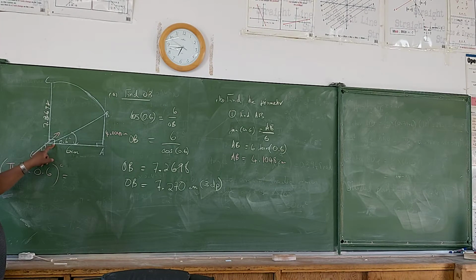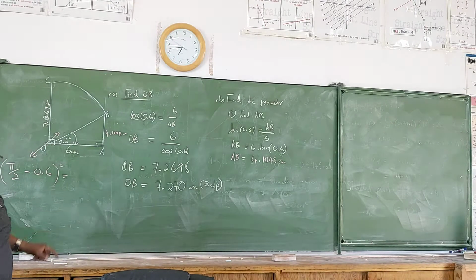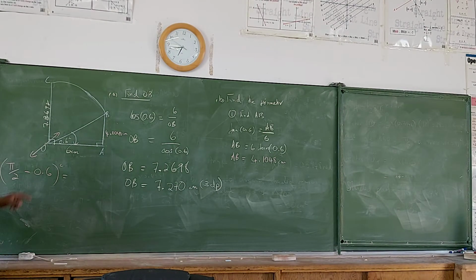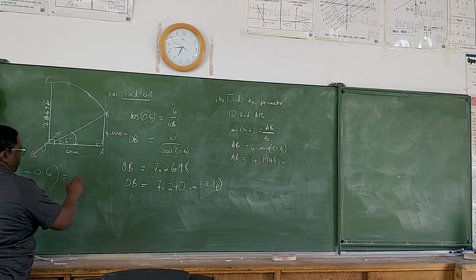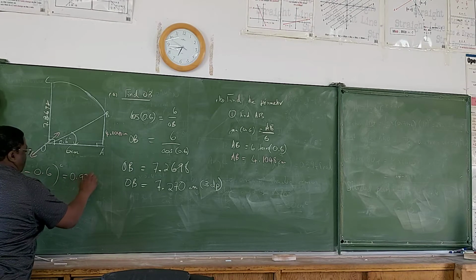Let's talk radians, language, please. Get used to it, okay? Right? So, we can find out this thing. What is the answer? Give me at least 2, 3 decimal places. I just need to work with it correctly. 0.971.